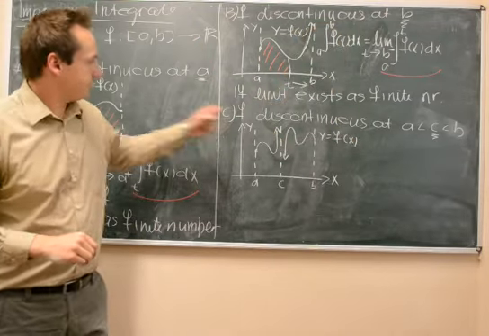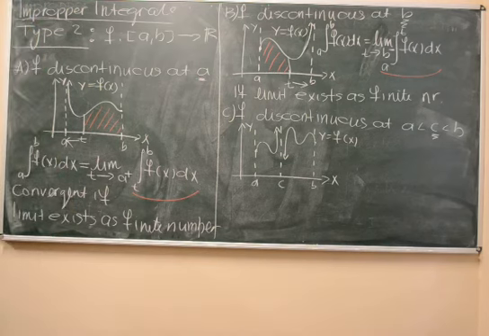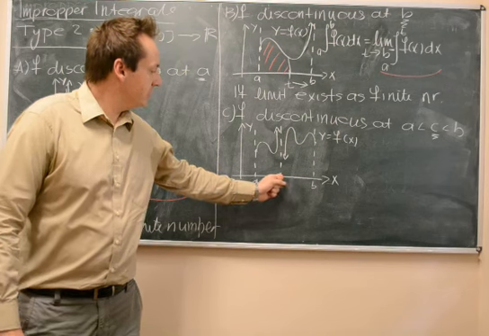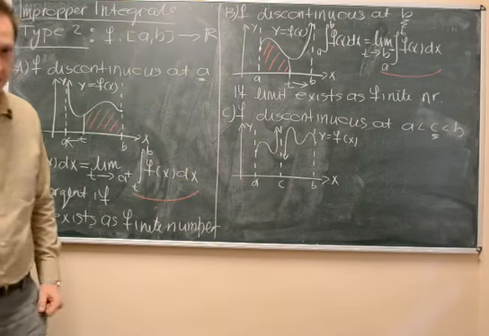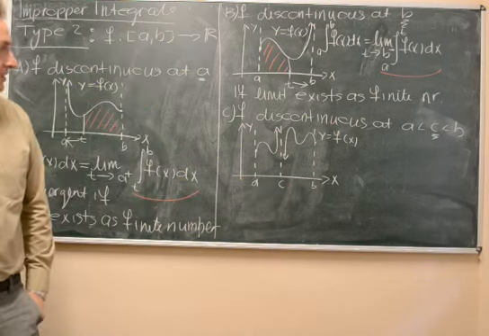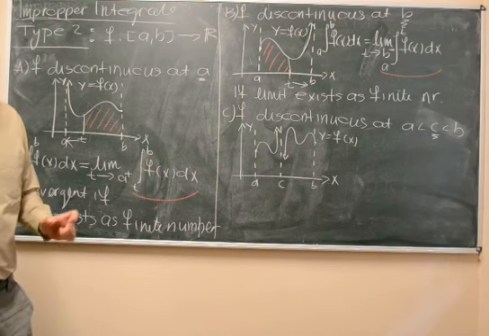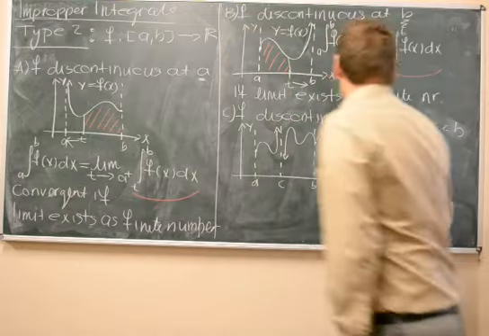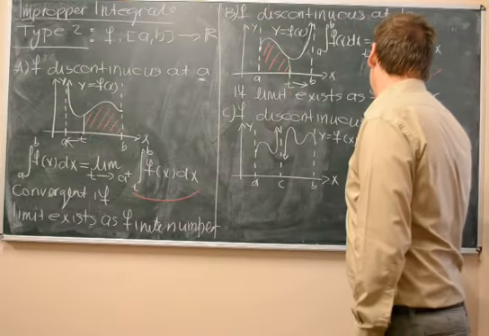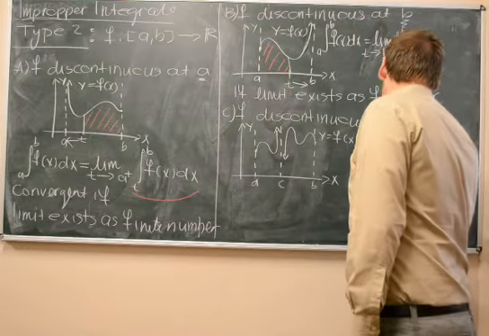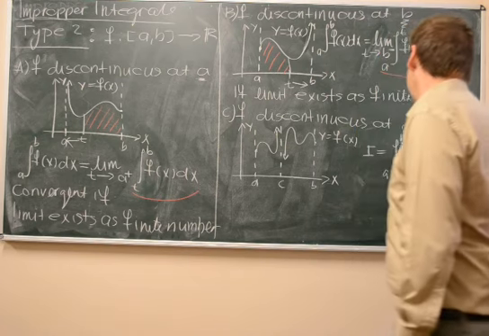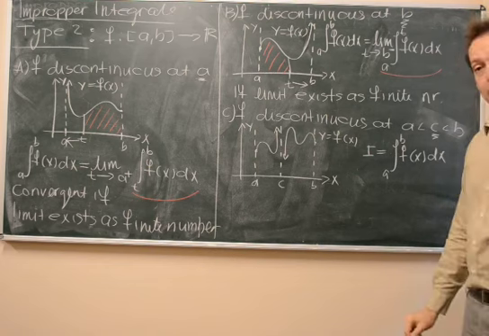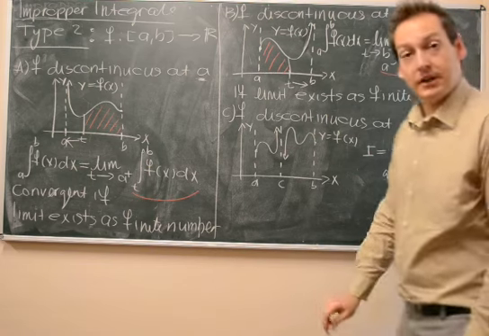And now, the last case is when we have a discontinuity somewhere between a and b. So now in this case, again, we have to split up the integral into two pieces. So if we let I be the integral from a to b of f of x dx, we have to split it up into two pieces.